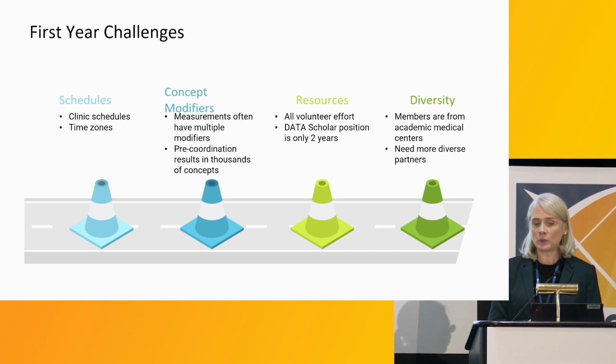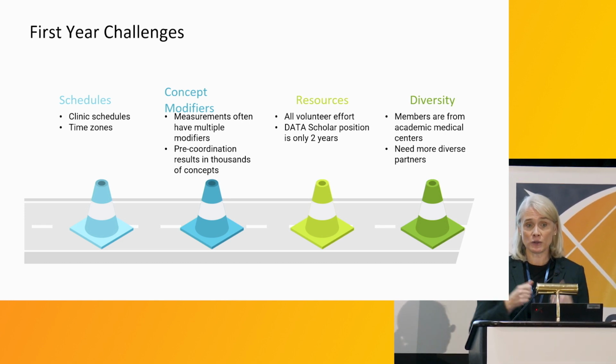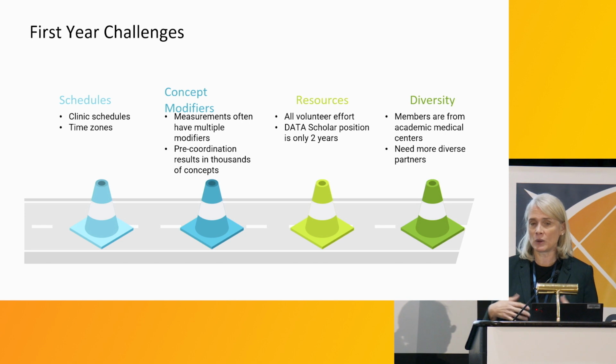So for example, we just submitted over 200 concepts to represent very simple visual acuity concepts within ophthalmology. And the problem is there's so many modifiers. You can imagine laterality, distance, whether or not you're wearing glasses, and so it quickly expands. So we're working with LOINC to figure out a way to manage that.